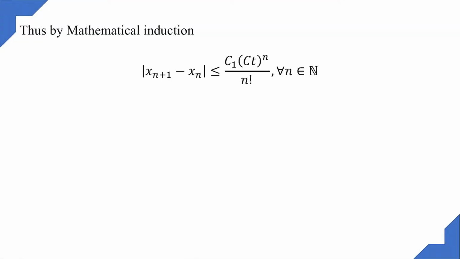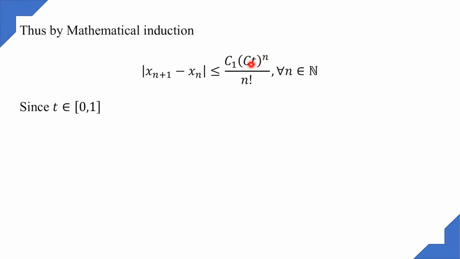Means by mathematical induction we can say that absolute value of xn plus 1 minus xn is less than or equal to c1 ct to the power n divided by n factorial for every n element of natural numbers. Here this t is in closed interval 0, 1.